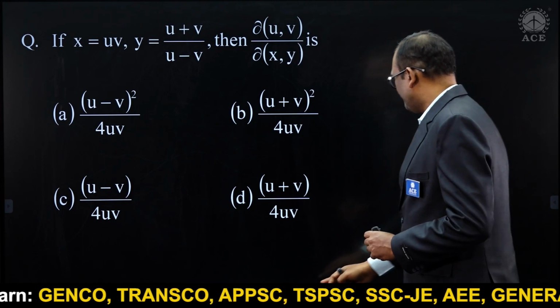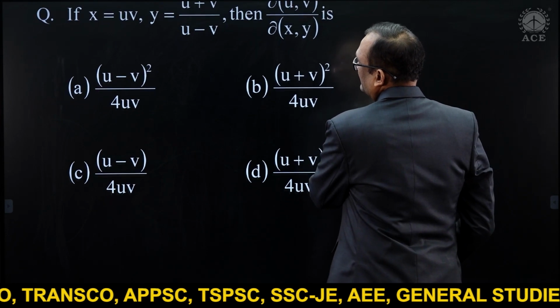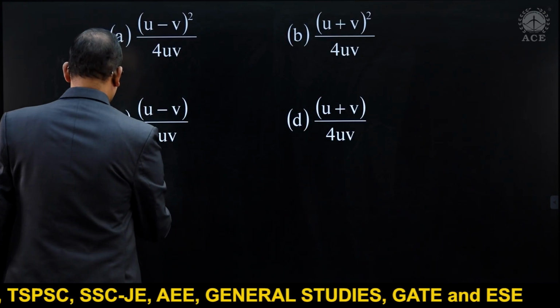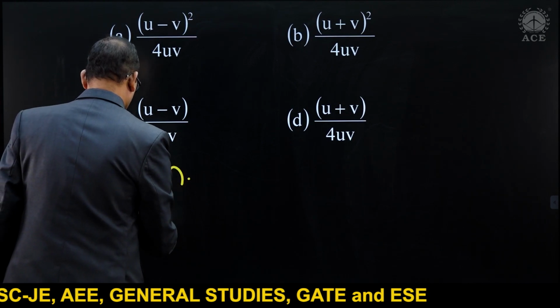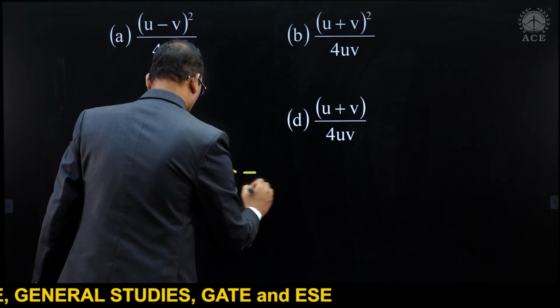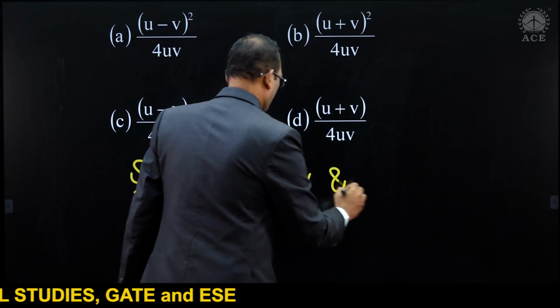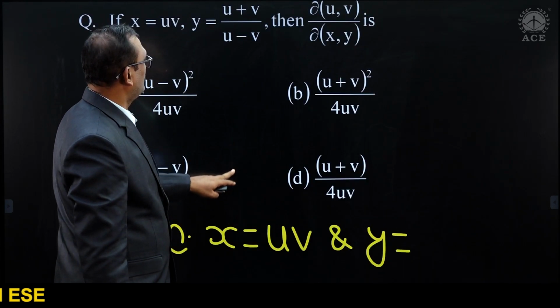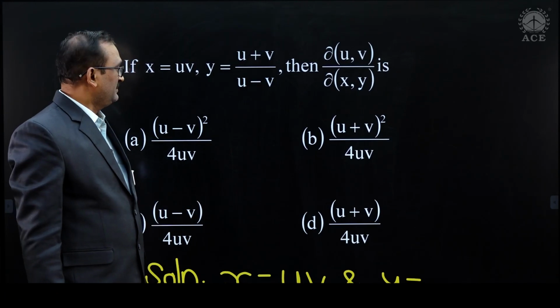We'll see the problem. First of all, the given information is x is equal to uv, and y is equal to (u plus v) by (u minus v).